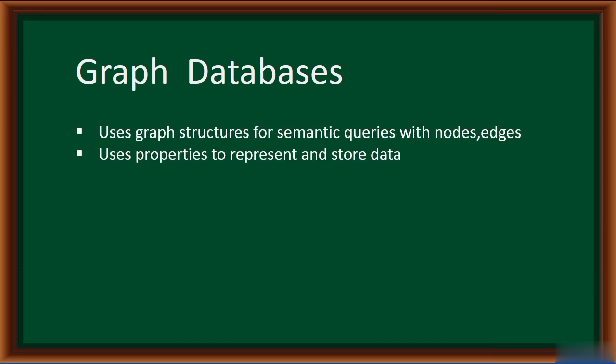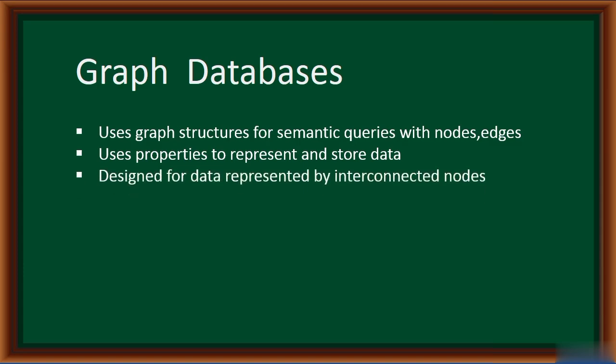Also, the graph databases are designed for data that is best represented by interconnected nodes. A typical example is a series of road intersections.